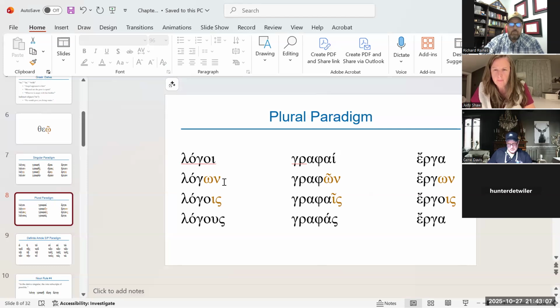Of word would be singular. Of words would be plural. So that is a masculine genitive plural, of words. And what is the lexical form? Lexical form is the form that you're learning the vocabulary word in. What's the lexical form of that? Logos. That's right. Very good.